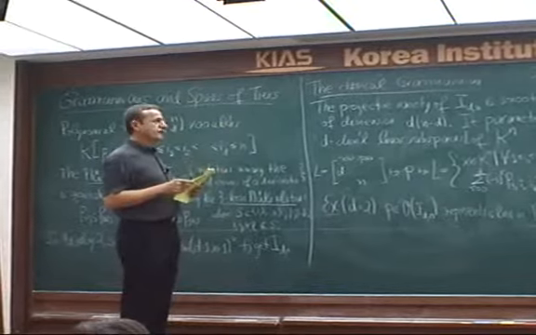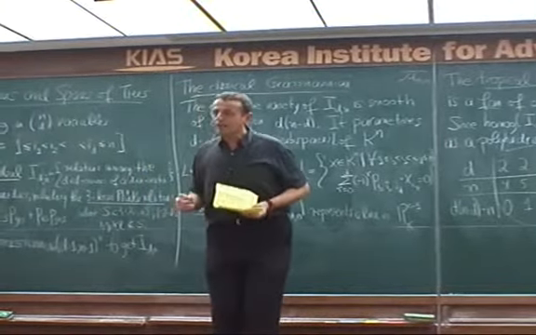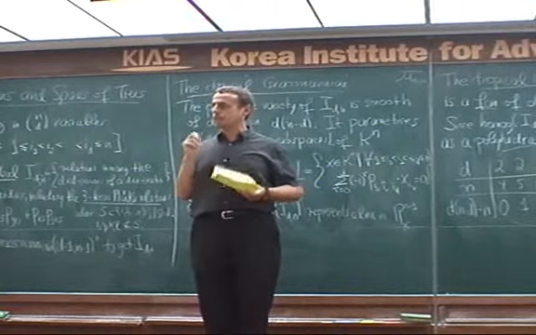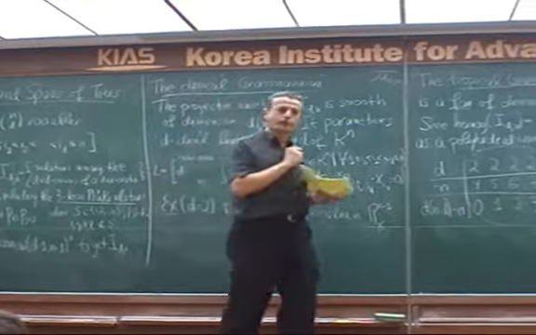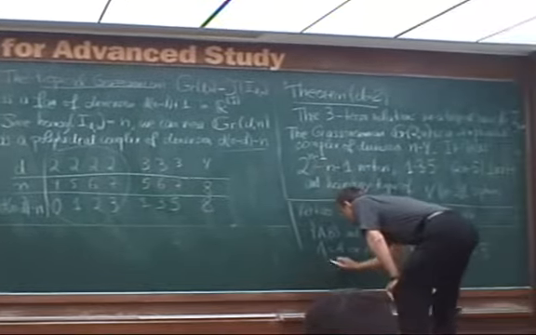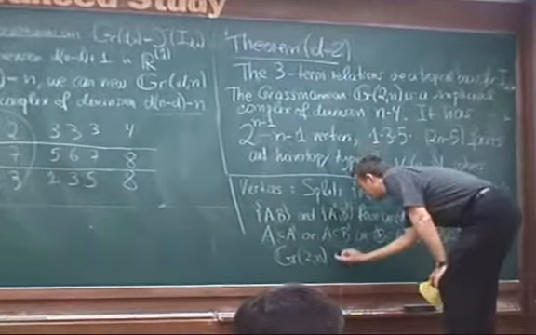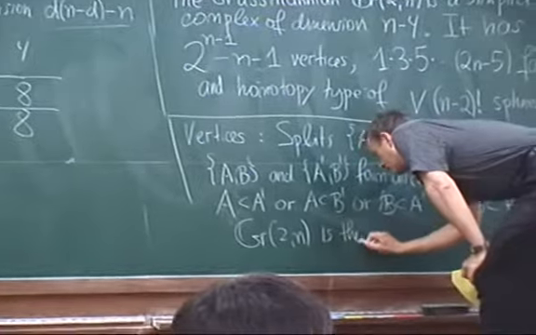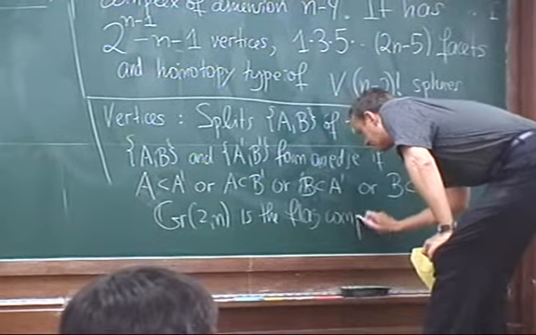Very good. So those are the edges of the simplicial complex. Now, the Grassmannian is the largest simplicial complex having those edges. It's a so-called flag complex. So the Grassmannian G2n, as a simplicial complex, is what combinatorialists call the flag complex.